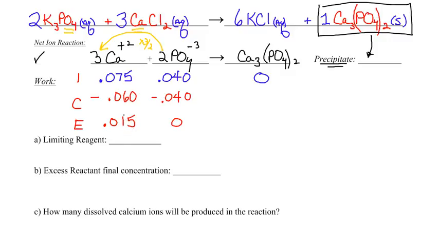Okay, so clearly our limiting reagent from doing this analysis is the phosphate ion, PO4 -3. You could also say K3PO4, potassium phosphate, is our limiting reagent. Either one I would accept. All right, now what's happening to my precipitate?